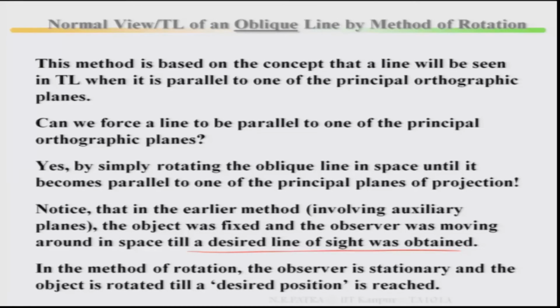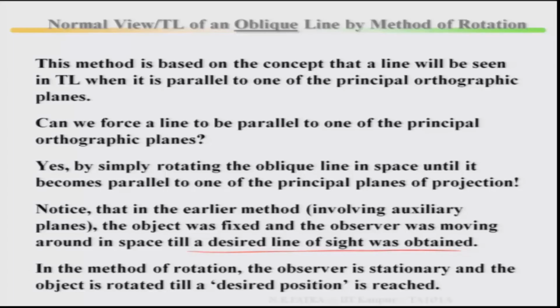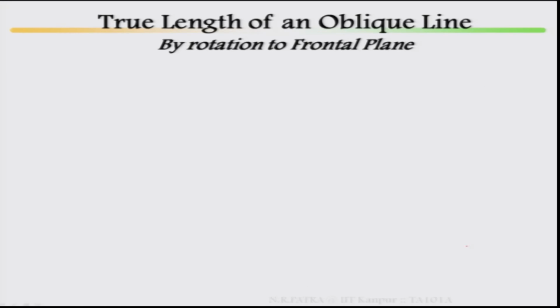In the method of rotation, the observer is stationary and the object is rotated. Do you notice the difference between the auxiliary plane method and the method of rotation? In the auxiliary plane method, the object is fixed and the observer is moving, but in the method of rotation, the observer is stationary and the object is rotated. So, this is the difference. This is called the method of rotations. So, true length of an oblique line by rotation to the frontal plane, look at this.